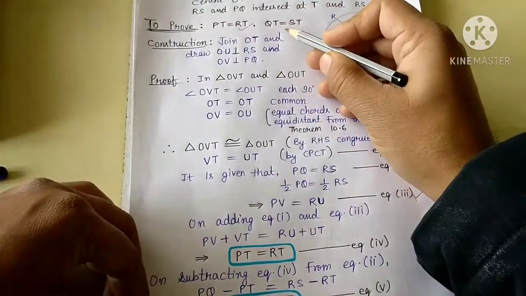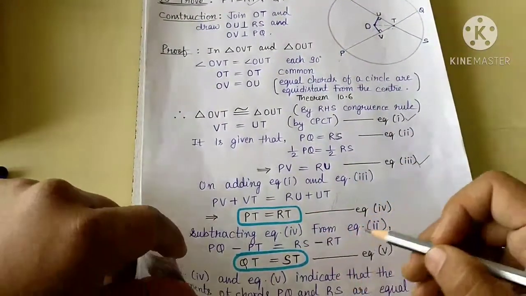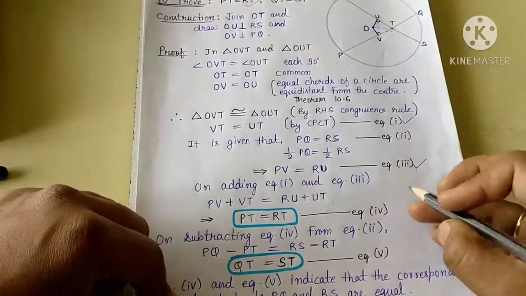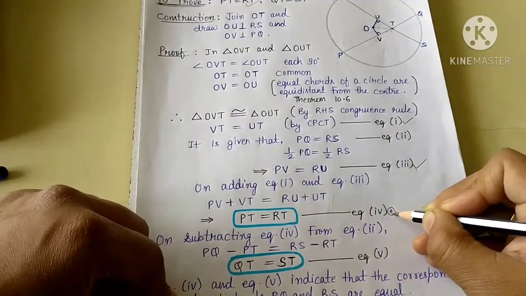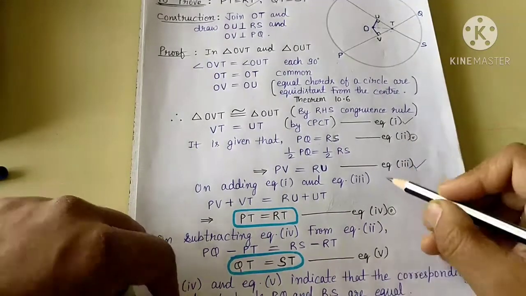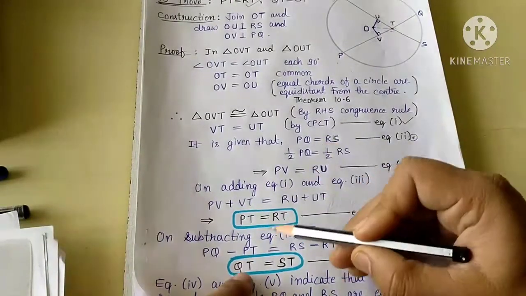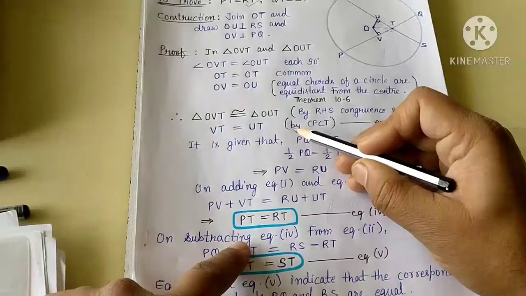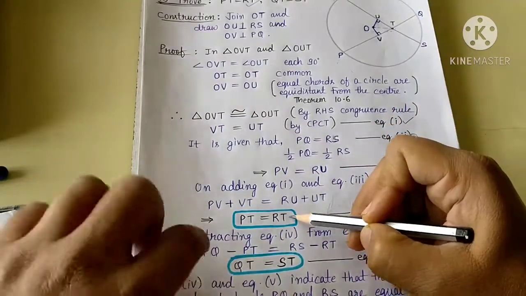Now we will move to QT equals ST. Just check how we can prove this one. Now what we are doing, we are subtracting the fourth equation from equation second. So PQ equals RS, it means PQ minus PT and RS minus RT.